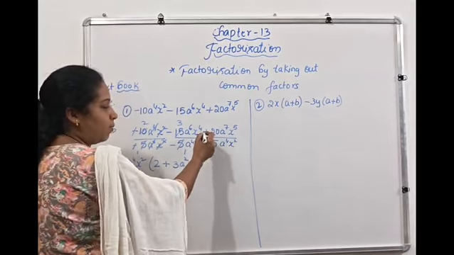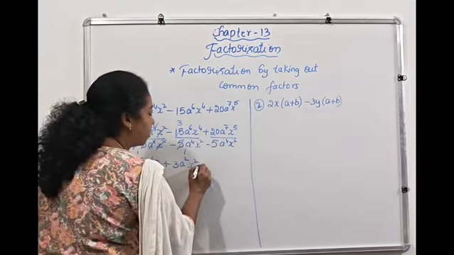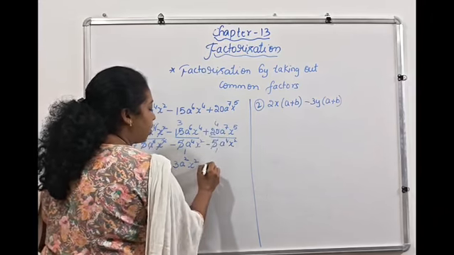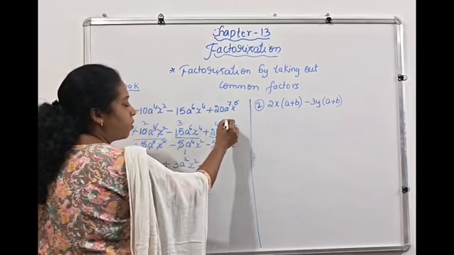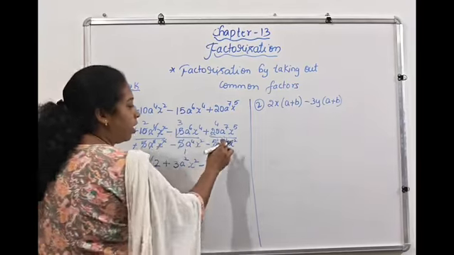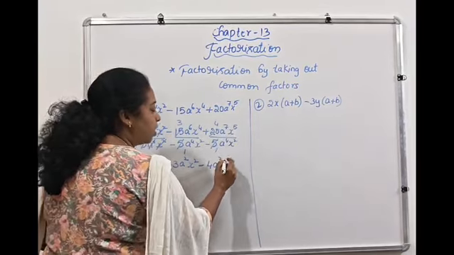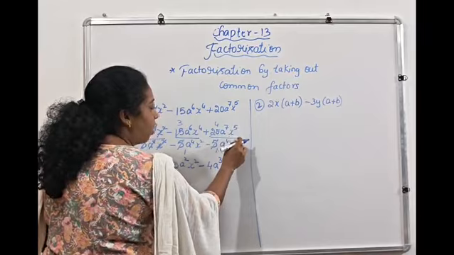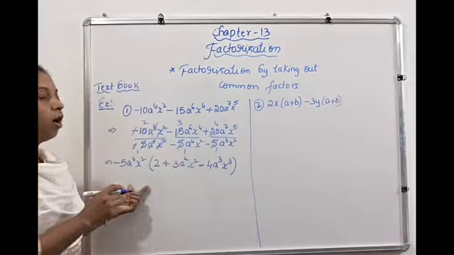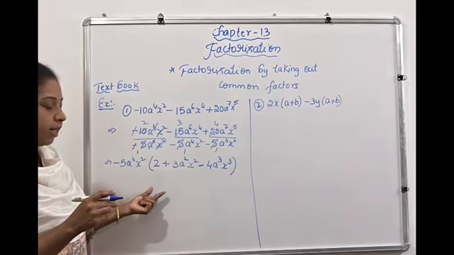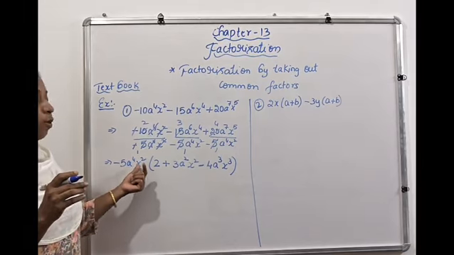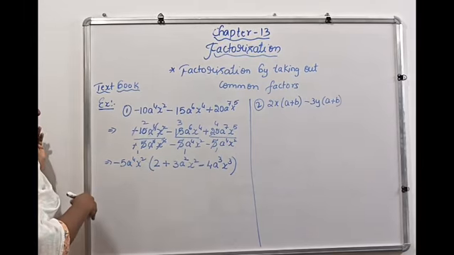Then now comes under this, plus into minus, minus. 5 fours are 20, a to the power of 7 minus 4 is a to the power of 3. Then x to the power of 5 minus 2 is x to the power of 3. So this is the common factor. That means we have taken minus 5a^4x^2 as a common factor.